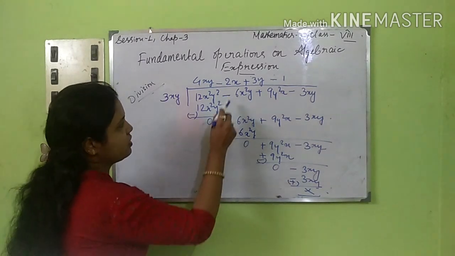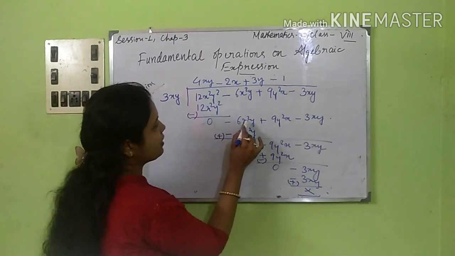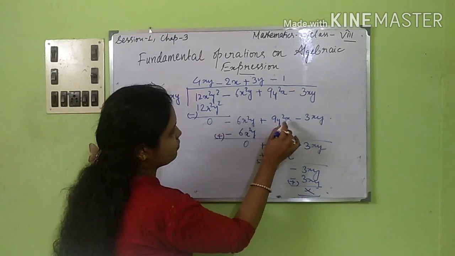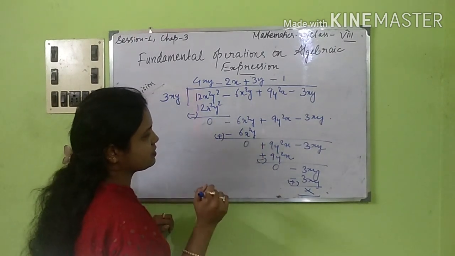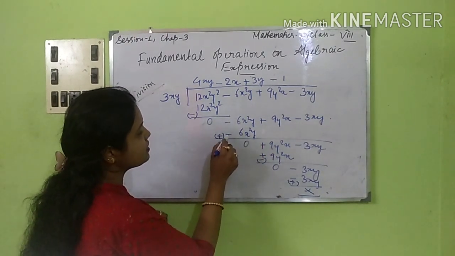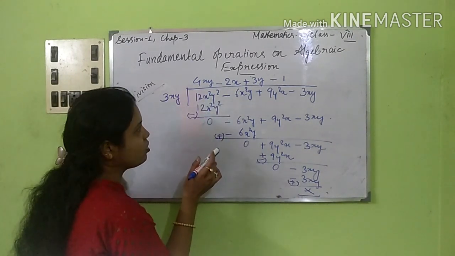Okay, next. So here it becomes 0, change the sign and you get 0. Minus 6x²y plus 9y²x minus 3xy is coming down. After this, the second term is 6x²y. Here it is minus 6x²y. That means we have to multiply with a variable and a constant.